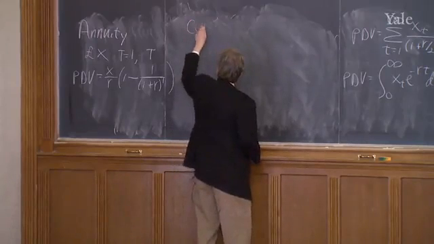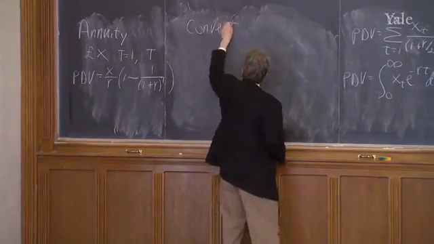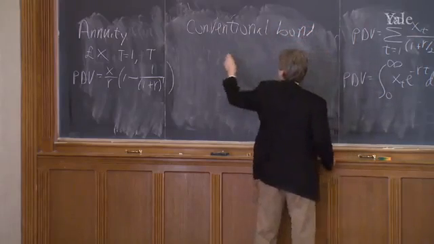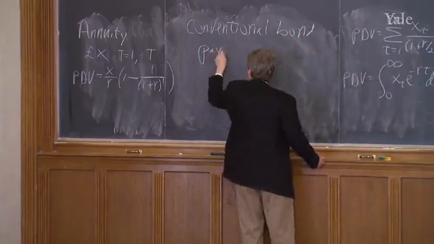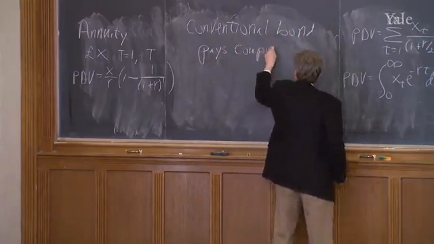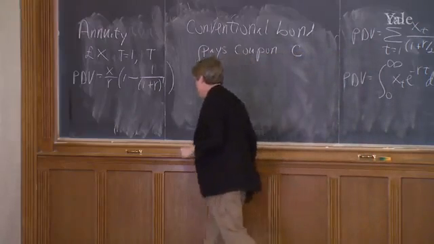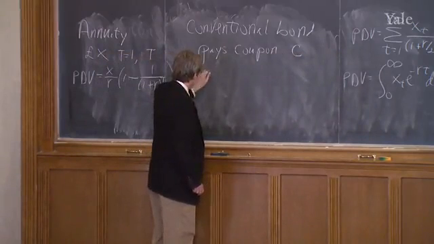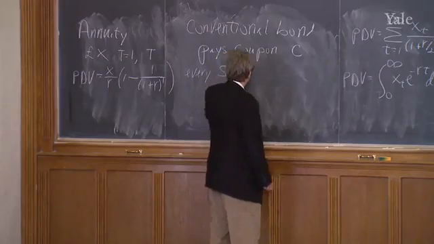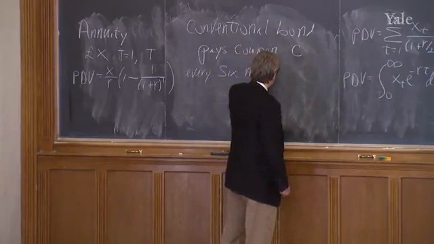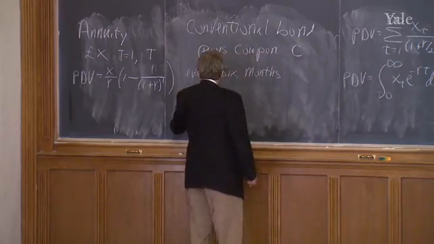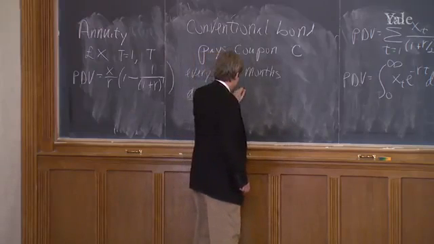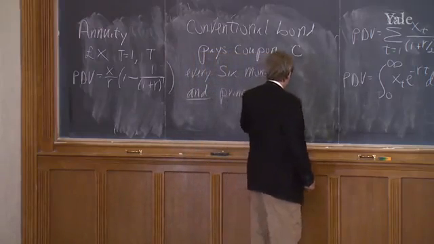So a conventional bond pays a coupon C, an amount C in dollars, pounds, or whatever currency, every 6 months. And principal plus C at the end.